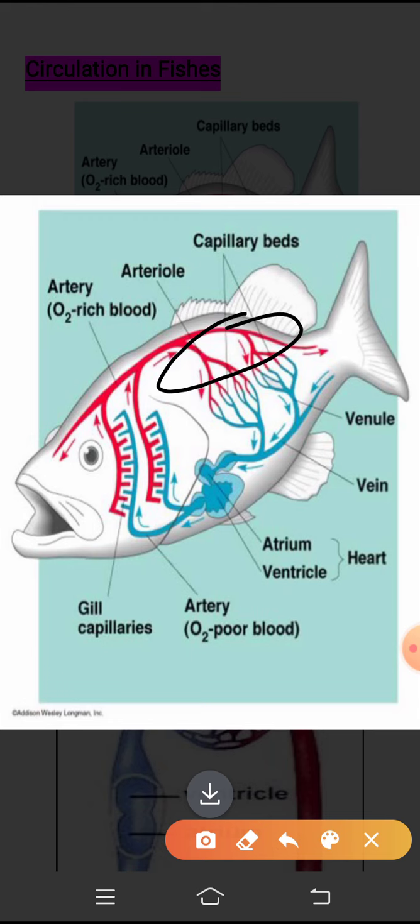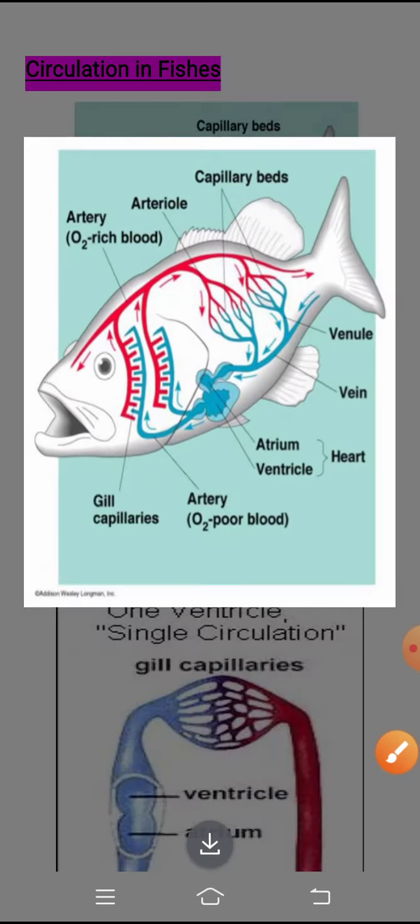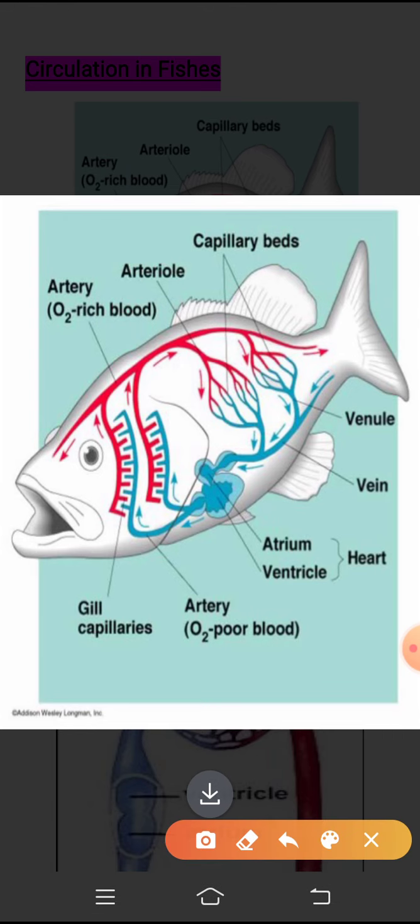Similarly, the carbon dioxide is released from the various cells of the body. Once this carbon dioxide enters the blood, we call that blood deoxygenated. It means the blood is poor in oxygen. The amount of oxygen present in the blood is less and the carbon dioxide is more.